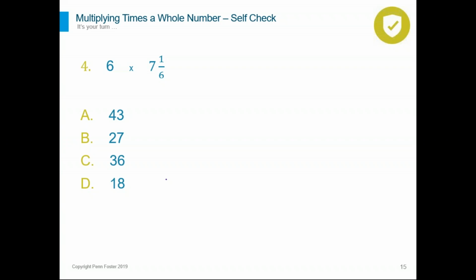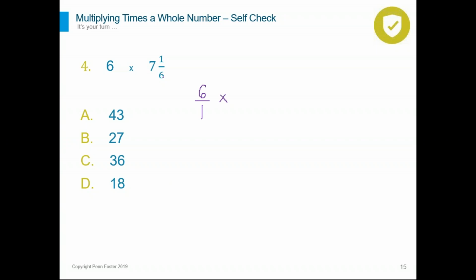Just put a 1 on the denominator. Take just a few seconds and then we'll go over the problem together. Okay, so let's begin by changing 6 to simply 6 over 1 times.